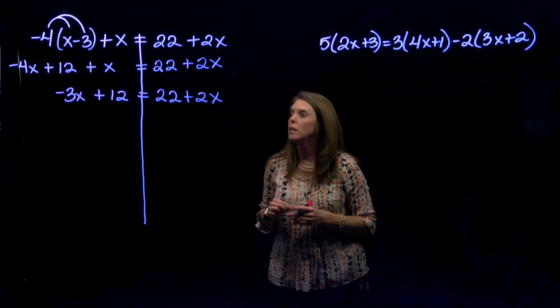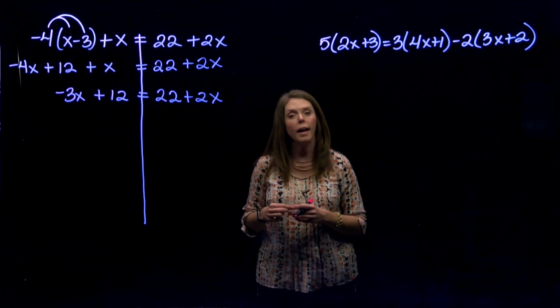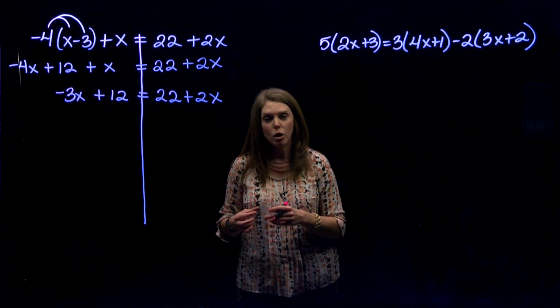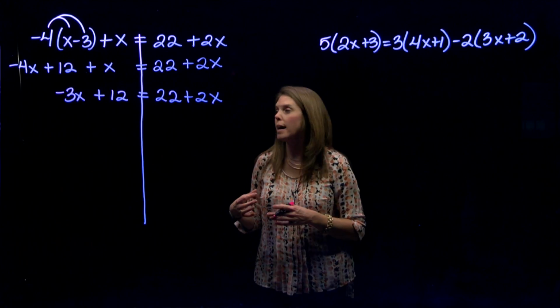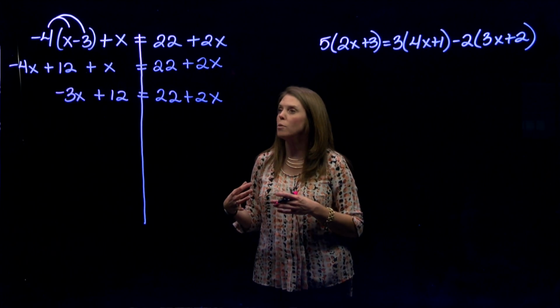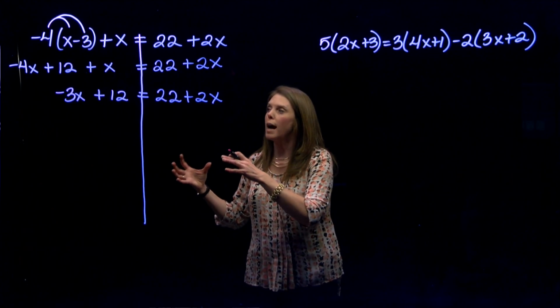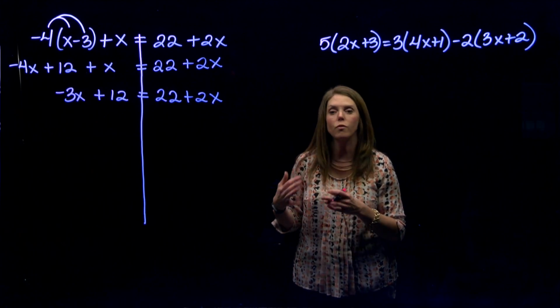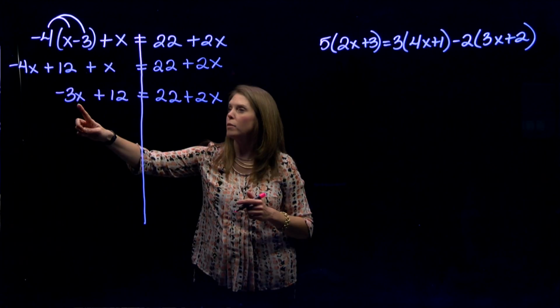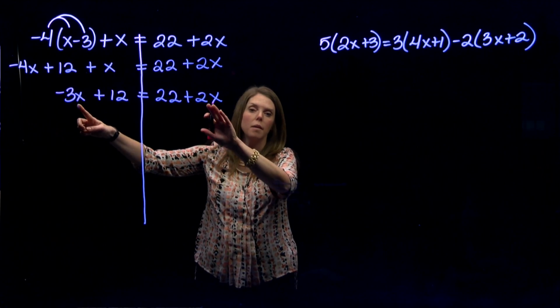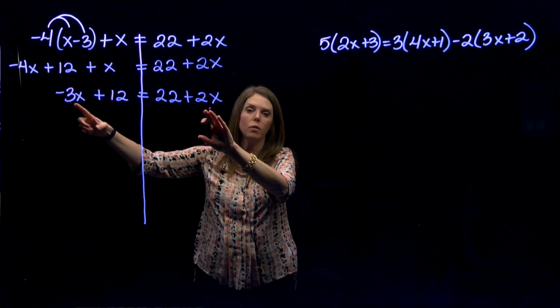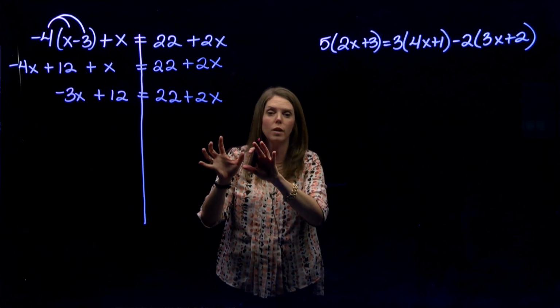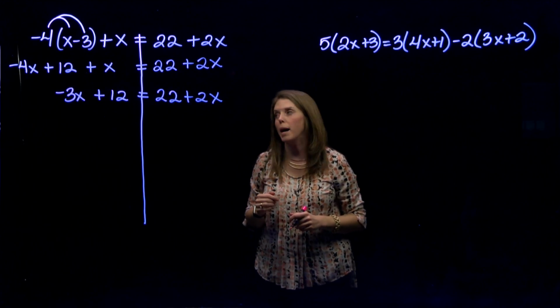One trick that you can use to help you out if you don't like using negative terms, especially with your x terms, is to move your x terms to the side of the equation that has the larger value. So for example here, I have a -3x and a +2x. +2 is larger than -3. I'm going to move those x terms over here and make my x term positive.